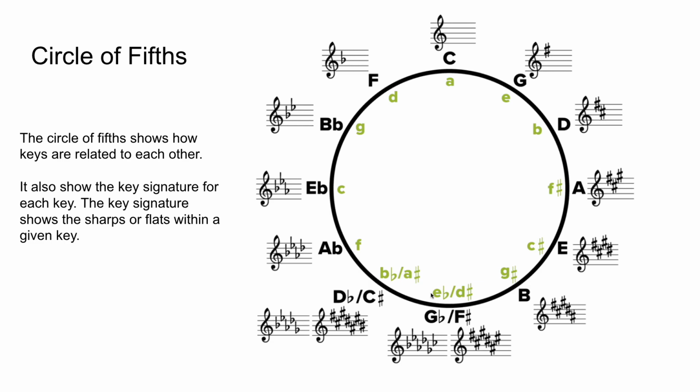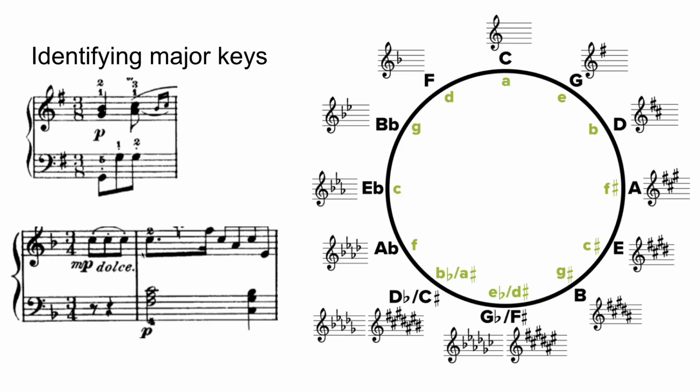Okay, so how else might the circle of fifths be useful? Well, because it shows us our key signatures, the sharps or flats within a given key, we can use it to identify the keys of different pieces. So I've got a piece here, and we can just look at the key signature and go, okay, cool, this piece is in G major. I can tell that because the key signature's got just one sharp in it.